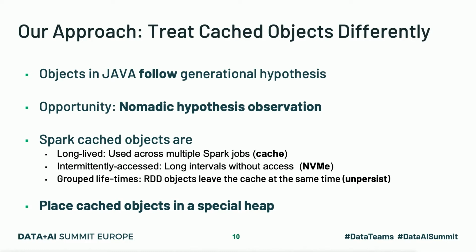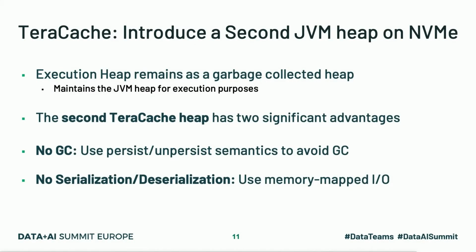So in our design, we place the cache objects in a special heap. Next, we introduce a second JVM heap to locate the cached RDD objects, which is a memory map over a fast storage device.